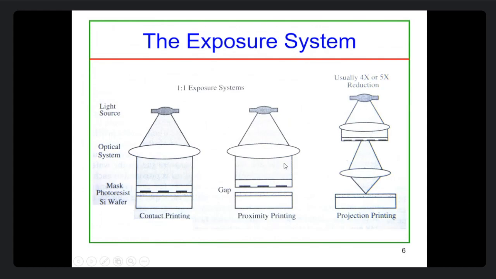And again the common factor, as I mentioned, is the separation between this lens and this mask, or reticle. The separation may not be the same. The separation between this mask and this lens may not be the same, and the separation between this lens and this object, or the wafer, may not be equal everywhere.